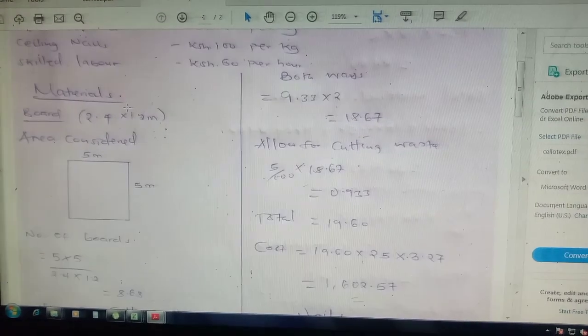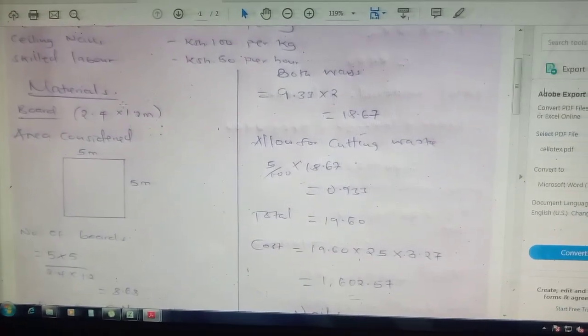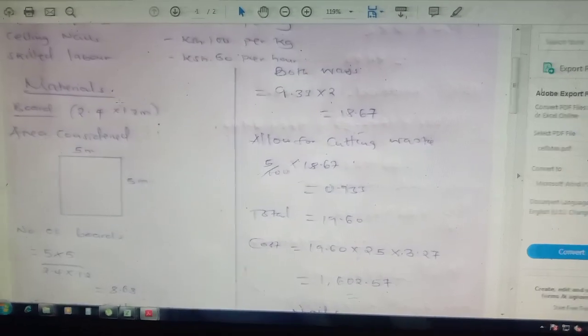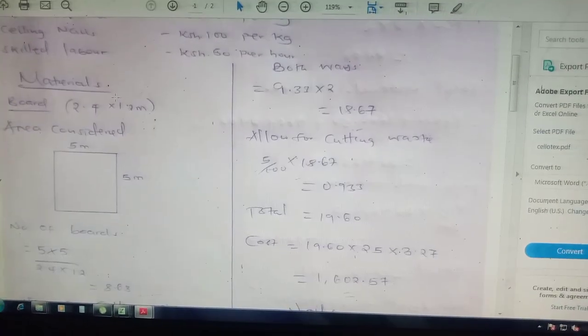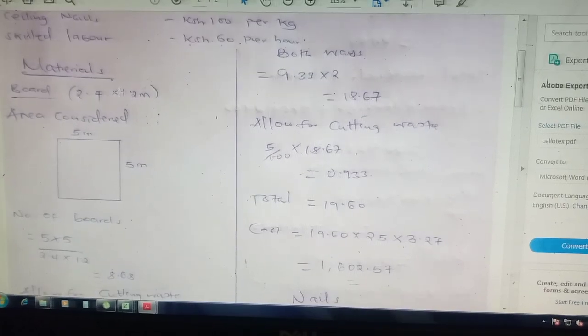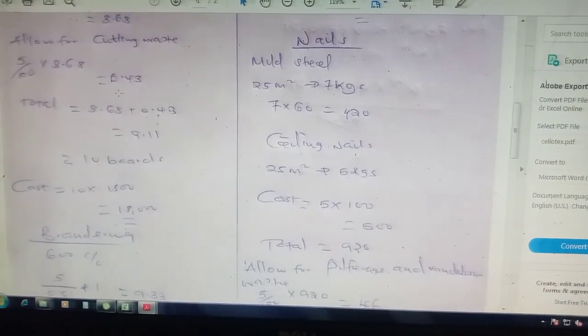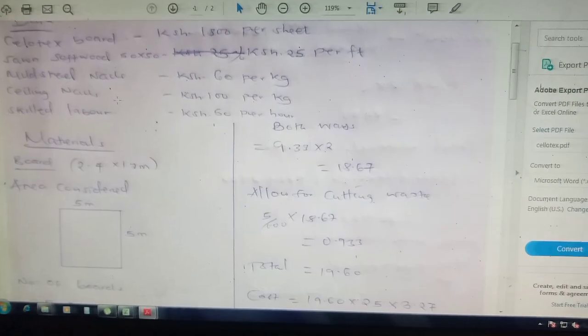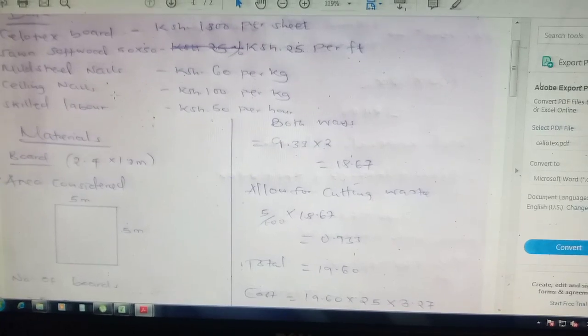Then because it was both ways, you multiply that 9.33 by 2. No need to divide 5 again by 0.6 and add 1 again, it is the same thing. You multiply it by 2 and you'll get 18.67.